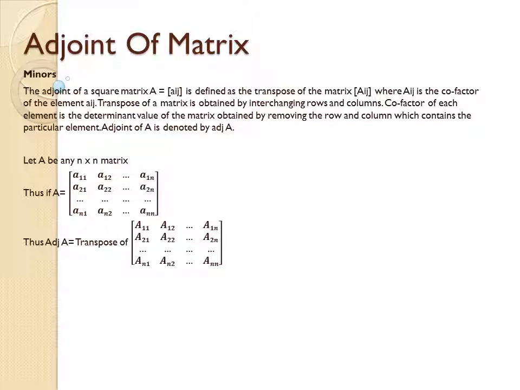So A11, A12, A1n, A21, A22, these we have to find out, that is the cofactor matrix. So the transpose of the cofactor matrix is the adjugate of A, where the first row entries will come as my column. In this way we will do it.